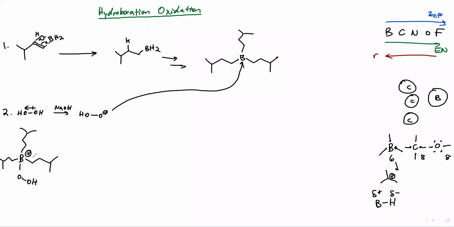Now, again, keep in mind that the boron, that should be a minus charge, sorry. Boron is not electronegative, so it doesn't really like this minus charge, and it really wants to get rid of it. So one thing it could do is just kick off the O minus.